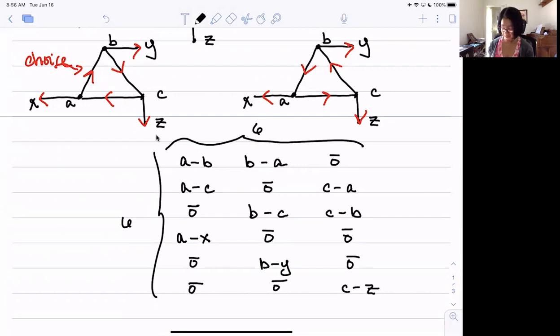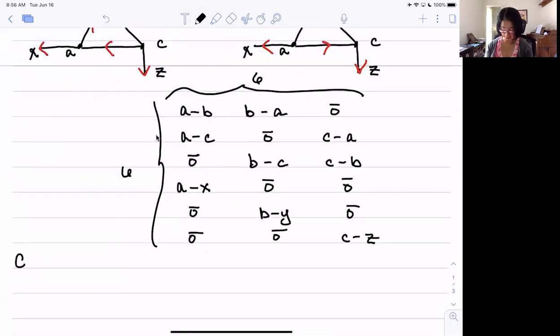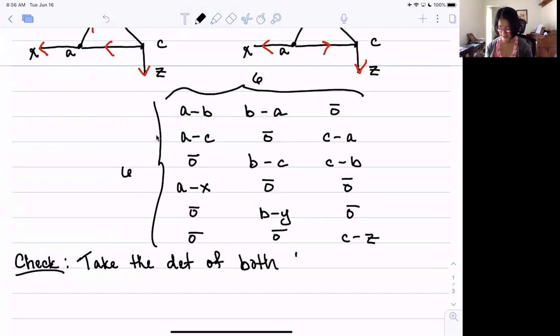And something you can do, maybe check, is take the determinant of both tied down rigidity matrices.